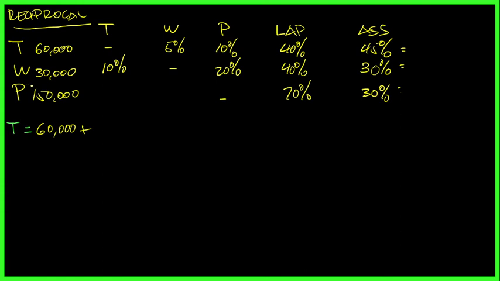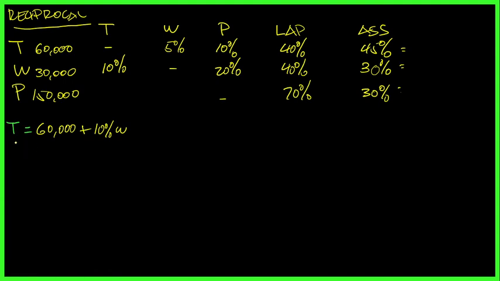Let's see. 10% of... Ay, no, no, no, no, no. Wait lang. Let's try to analyze this. Ah, yes, it should be 10%, okay? It should be 10% of the cost of warehousing because warehousing provides 10% of its services to training. So whatever is the cost incurred by warehousing, 10% of that should go to training. That's why we're going to add that to 60.